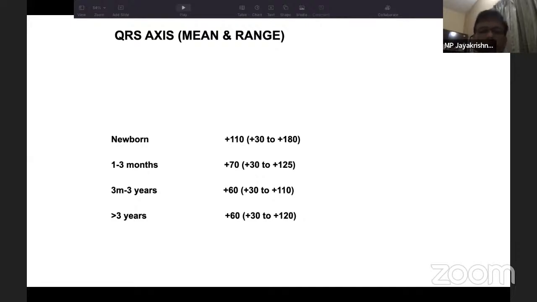So for 1 to 3 months, the upper limit is 125. 3 months to 3 years, it's 110, and it is about 120 beyond 3 years. So I think the lower limit you can remember, and the upper limit in the newborn also you can remember. It's up to 180, and in others it's around 120. So it is not very difficult to memorize.